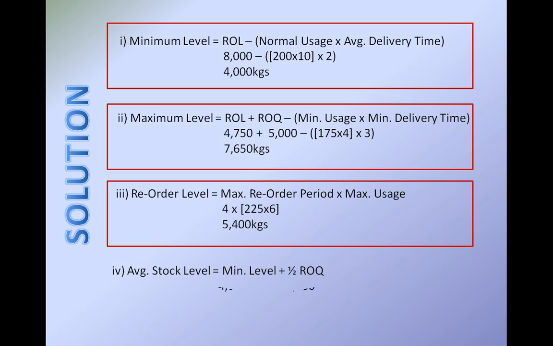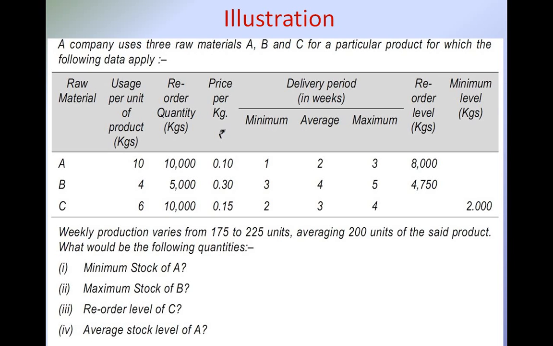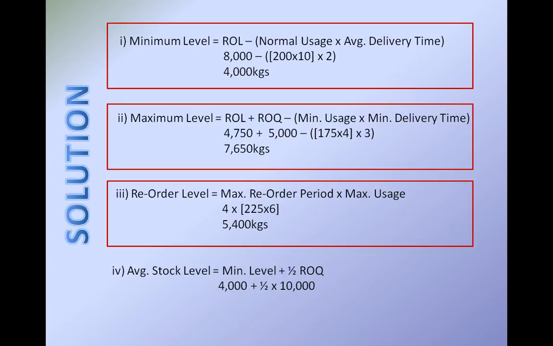We have the reorder quantity, it's 10,000, given in the question. The third column from the left gives all the figures, and we arrive at the answer of 9,000 kgs.